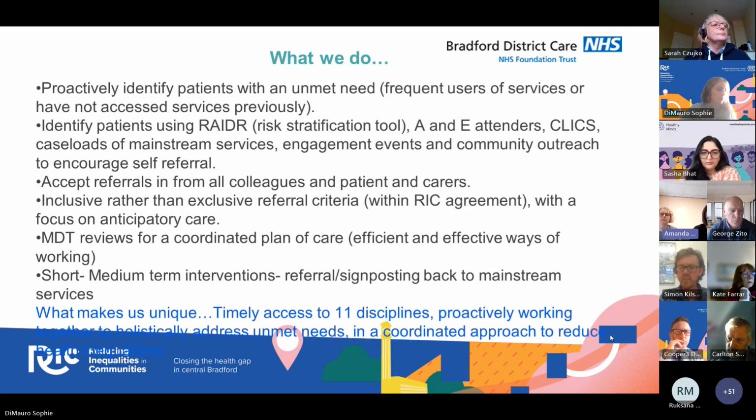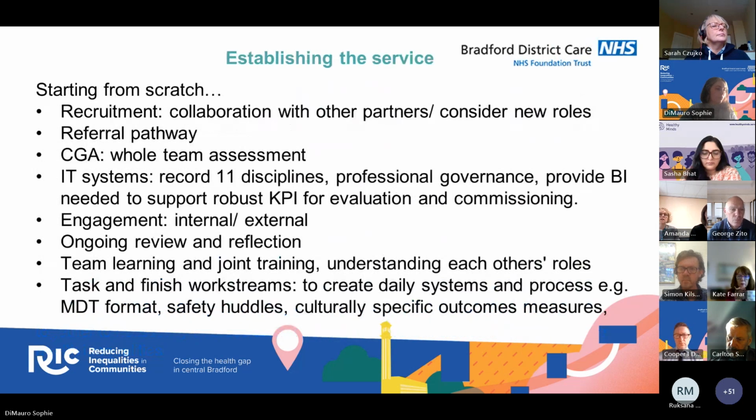Next slide, please. So establishing the service, we recruited in collaboration with our partners. It was BDCT and BRI and primary care who all supported with the recruitment. And the initial disciplines have evolved and changed as we've gone on and learnt from our patient interactions what the needs of the service have been.